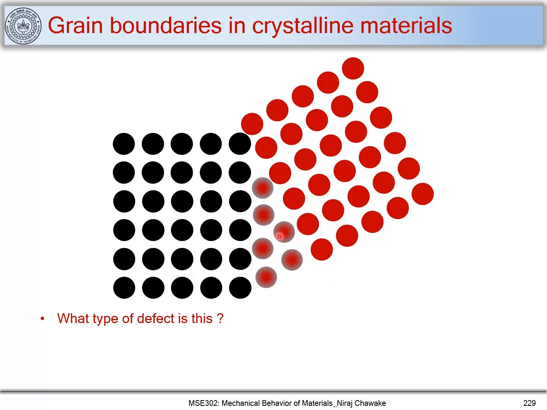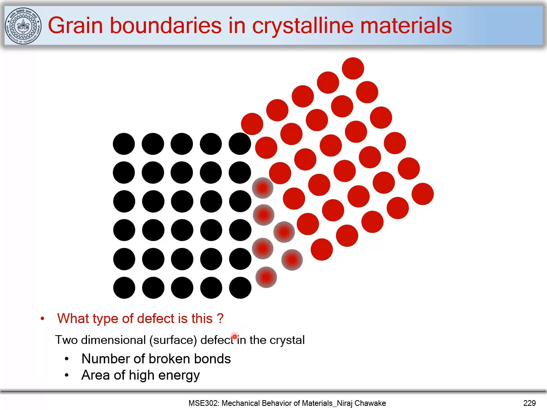And now in terms of defect, what kind of defect is this? This is a two-dimensional defect, because if I consider this grain, and when they meet each other, that will be a surface, and surface is 2D. So this will be a two-dimensional defect or a surface defect. And the number of broken bonds will be more as compared to inside grains, and thus they will be of high energy.